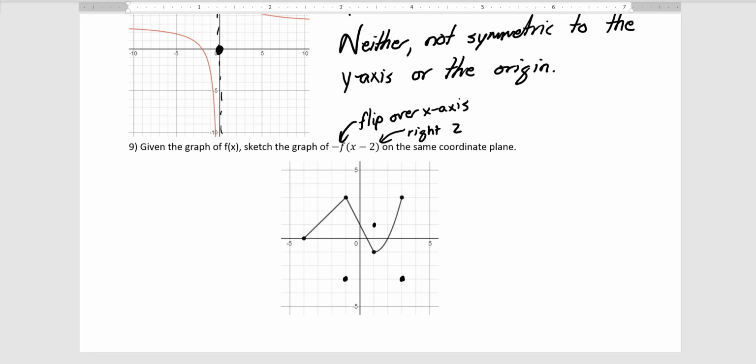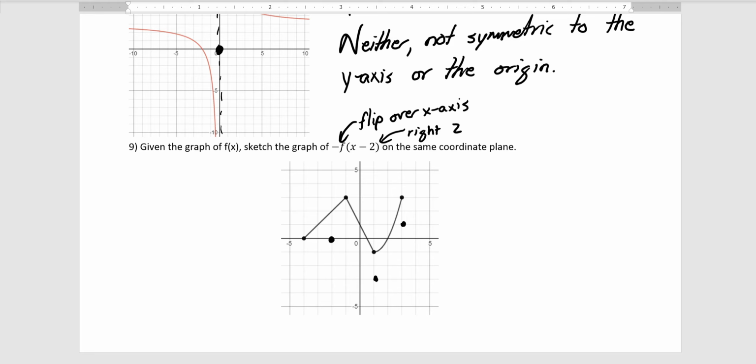So there's those points. And now I'm not going to draw the shape yet because now I need to move all of these points right 2. So this one that was originally at negative 4, 0 is now at 2, 0. If I move this one right 2, it'll be here. Move this one right 2, it'll take it to here.